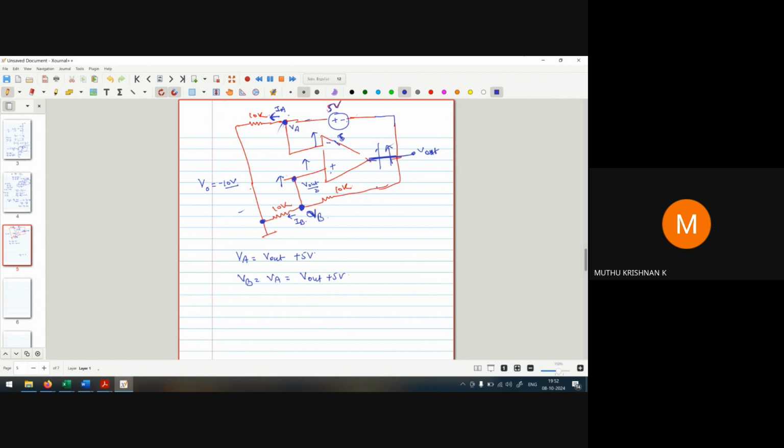So IA is equal to VA divided by 10K, and IB is again VB divided by 10K. Now I apply the nodal analysis at this point, VB.